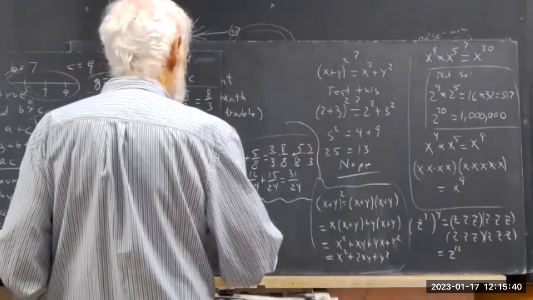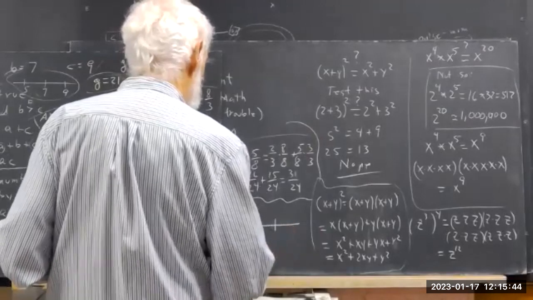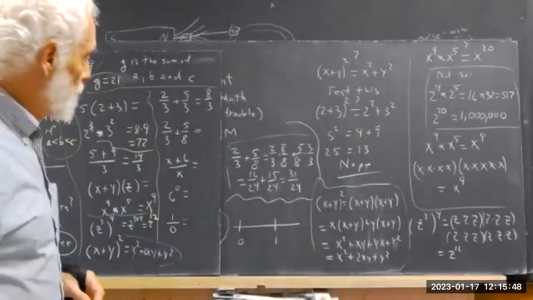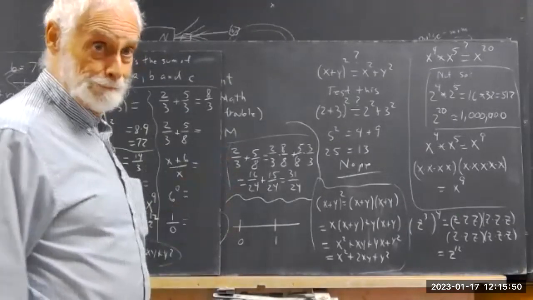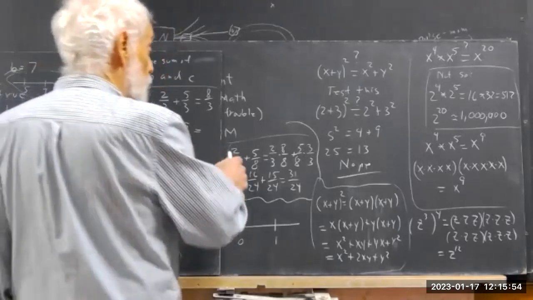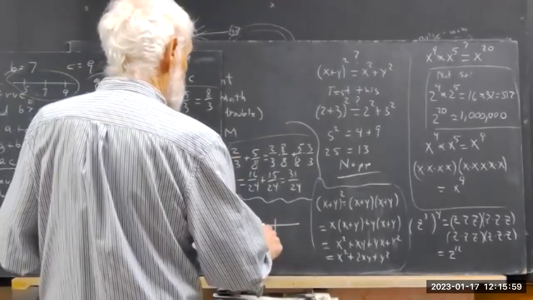Another reason for this. Here's a number line. Here's 0, here's 1. Now, where is 2/3? Well, 2/3 is more than half. I mean, you divide this interval into 3 pieces, and right here is 2/3.